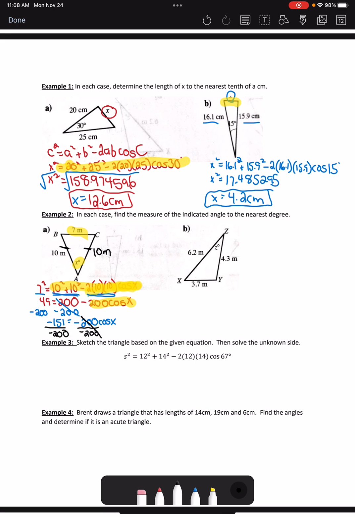If I type negative 151 divided by negative 200, I get 0.755 equals cos x. And then I'm going to go second function cos, and I get 41 degrees.